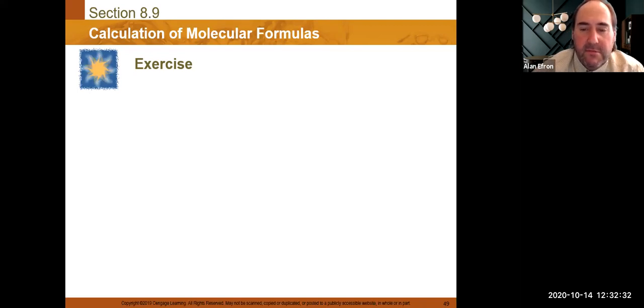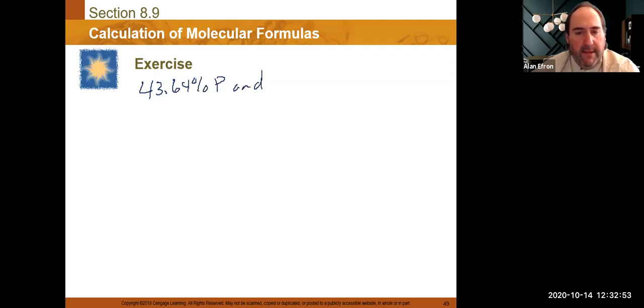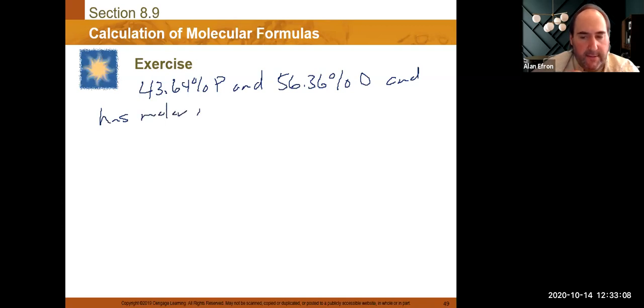Let's say we had a compound that was 43.64% phosphorus and 56.36% oxygen, and has a molar mass of, let's go with 283.89.